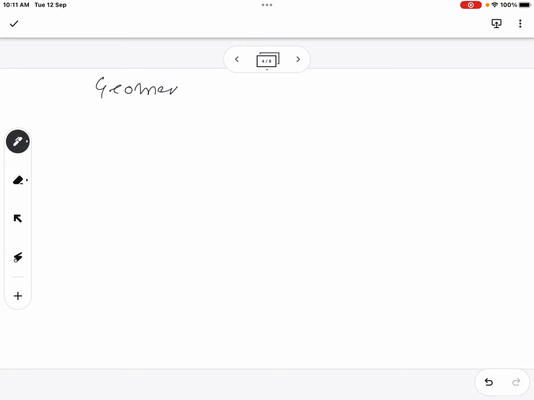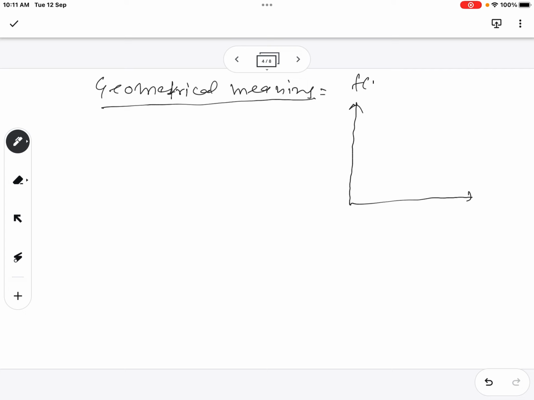So we are going to see the geometrical meaning or geometrical interpretation of the Newton-Raphson method. For that, let me consider that there is a function and this function is something like this.